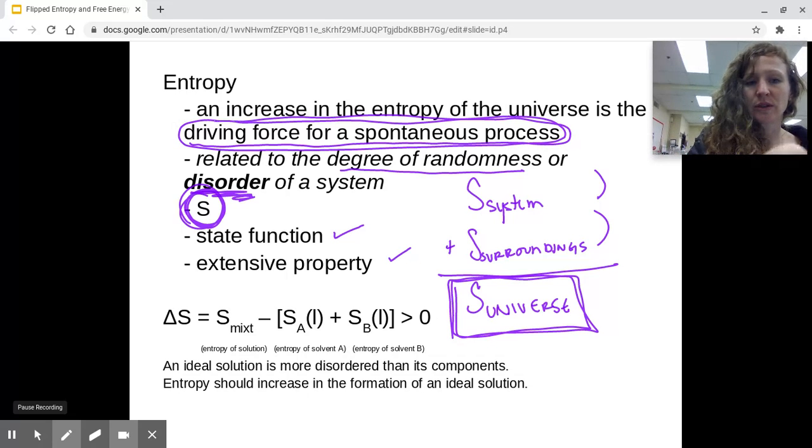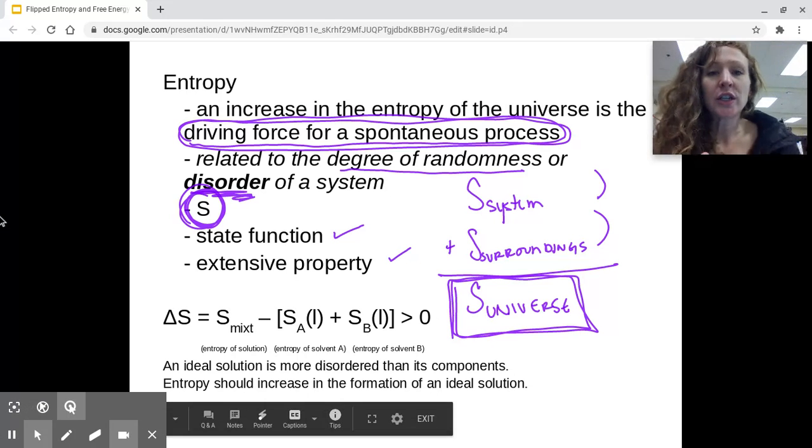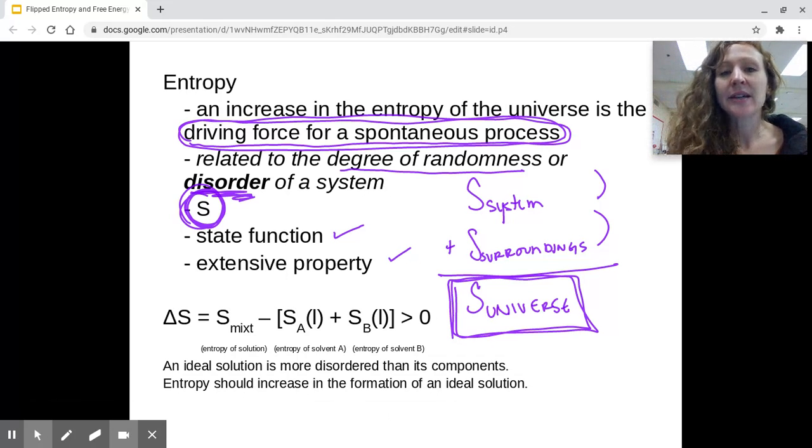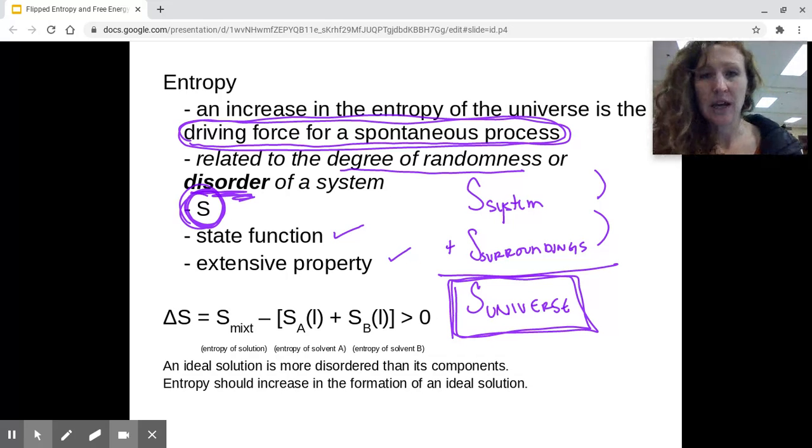Okay, so let's look at this conceptually and mathematically. We'll kind of break this down to wrap our brains around it. But think of it this way. If you are talking about a deck of cards, right? You throw the deck of cards up in the air. The deck of cards is going to naturally proceed toward a state of disorder, right?